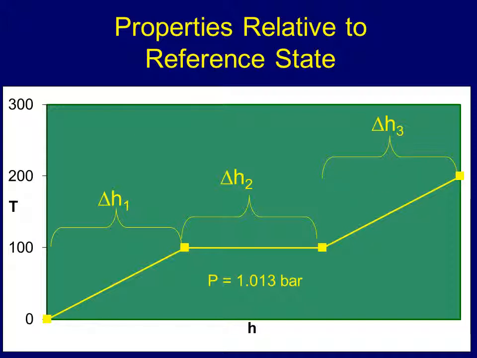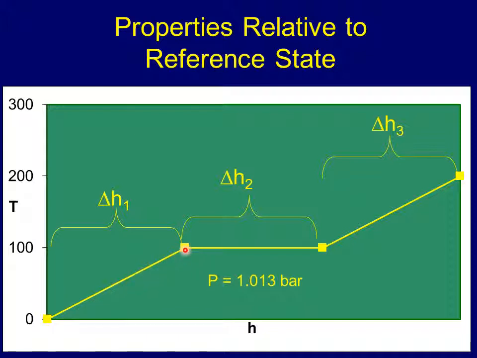So delta H1, the first calculation, is Cp of the liquid times delta T going from 0 on up to 100 degrees C. Cp delta T. And that's the change. You're starting from 0, H is 0 at your reference state.